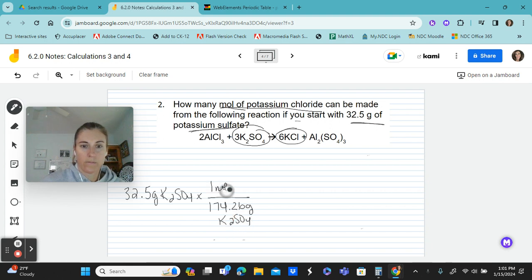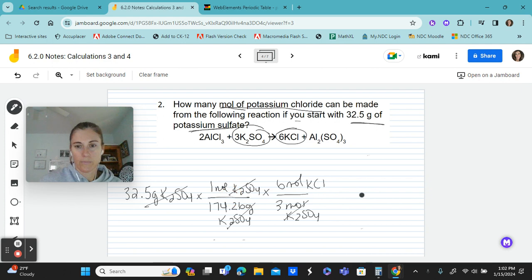1 mole of K2SO4 goes on the top. That is going to cancel out. Then we're going from potassium sulfate to potassium chloride. 3 moles of K2SO4 on the bottom. 6 moles of KCl are on top. Now we need to figure out the molar mass since we're going, oh, I'm just kidding. I went too far almost.